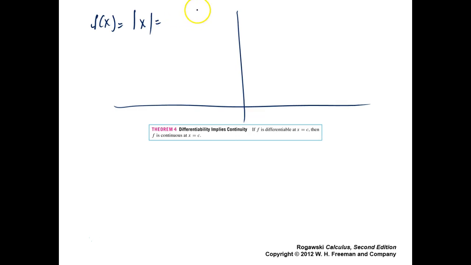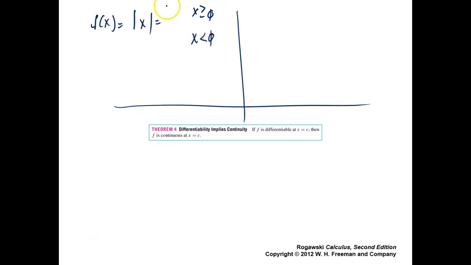So it's going to be some value when x is greater than, and you want the equal sign with that one. So x greater than or equal to 0. And then it's going to be defined slightly differently for x less than 0.